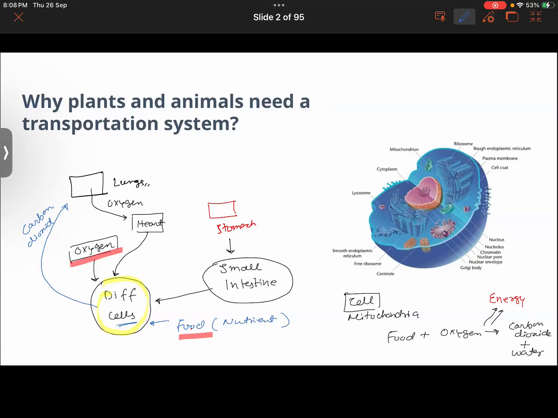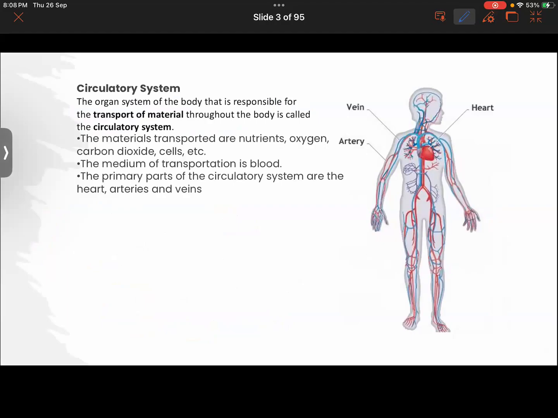Hence all living organisms need a transport system in their body. No matter how big or small the organism is, no matter how many cells are present, whether it's a microorganism or a giant organism that you can see, all of them require a transportation system. So hope that clears the basic thing.